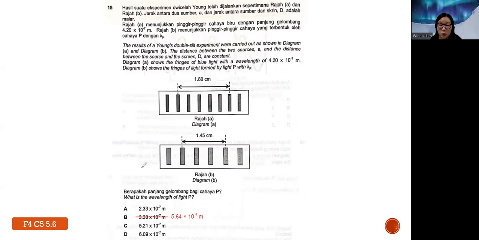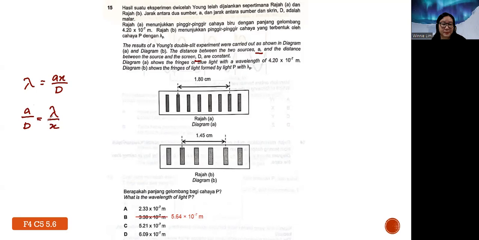But then, of course, we want to know how to solve these questions. Okay. So, of course, under interference of wave, the general formula that we use is what? Lambda equals to ax over D. And given you these two questions, they already tell you some value which are constant. What are constant? a and D. That means they don't change the distance between the light source with the screen and also the distance between the two slits. So that's why a over D is actually a constant. So we move the x, so we will have what?